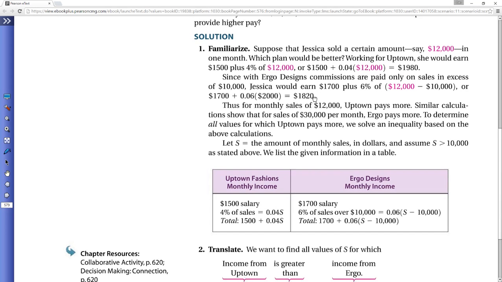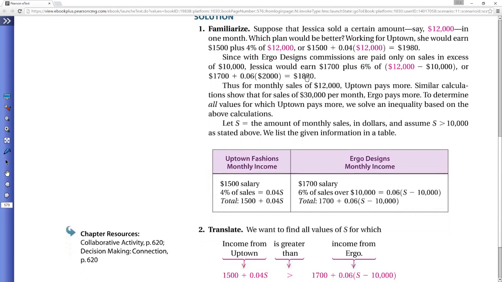Now, what if she sold a lot more, had a lot more money generated by sales? Could this Ergo Designs thing get to be more lucrative than the other one? You need to understand it'll change.